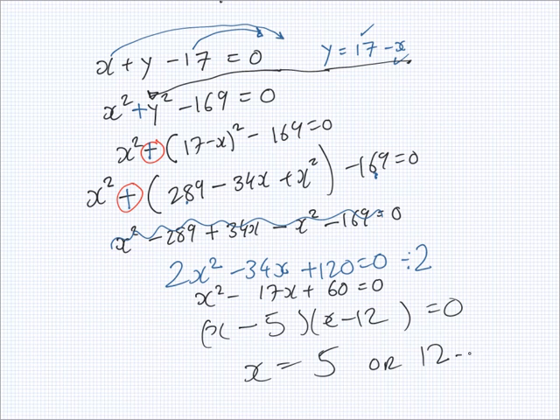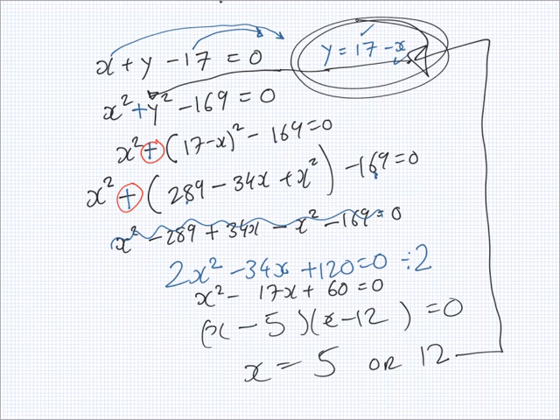If I put those answers back into y equals 17 minus x, I get y equals 17 minus 5, which is 12, or 17 minus 12, which is 5. So my two answers are 5, 12 or 12, 5.